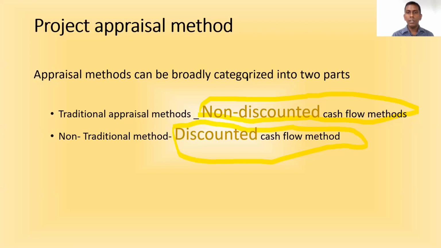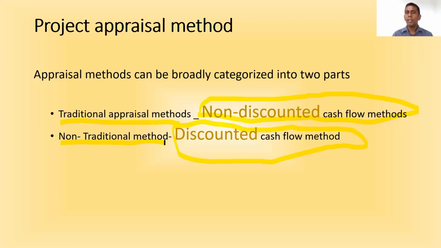These non-discounted cash flow methods can also be called traditional methods. The discounted cash flow methods can be called non-traditional methods. What does this particular slide explain? It explains that there are so many techniques available to evaluate projects, and these techniques can be categorized into two groups.